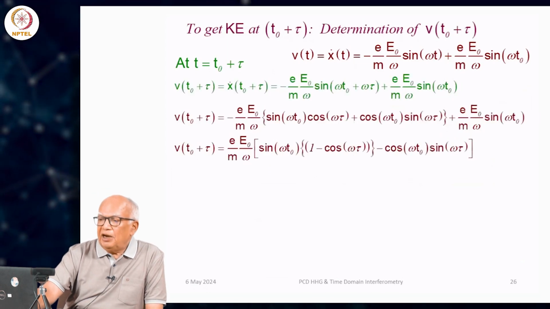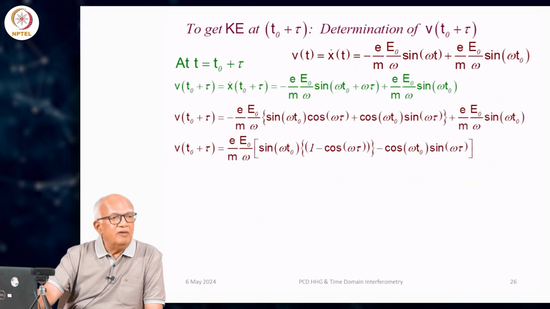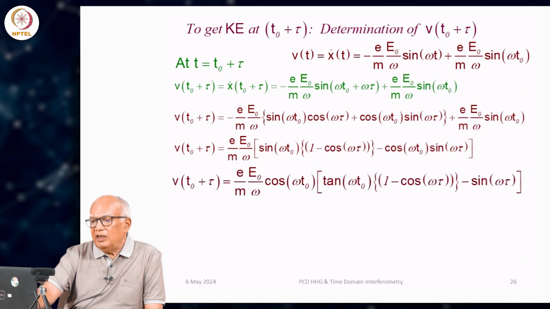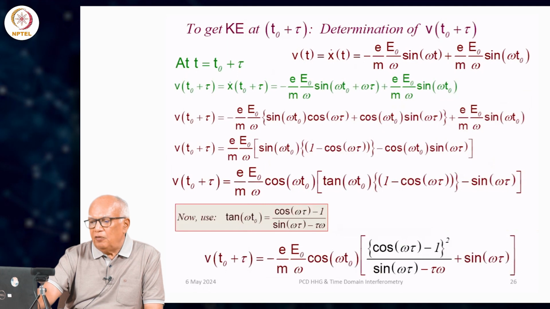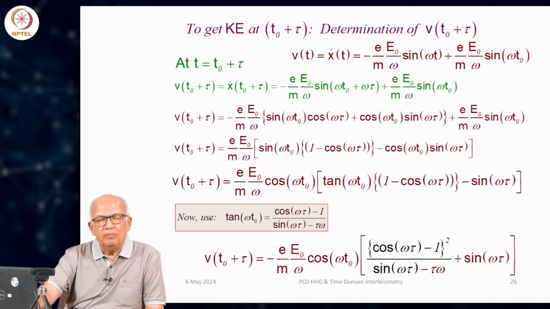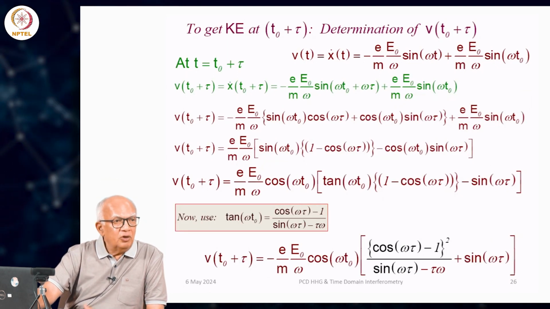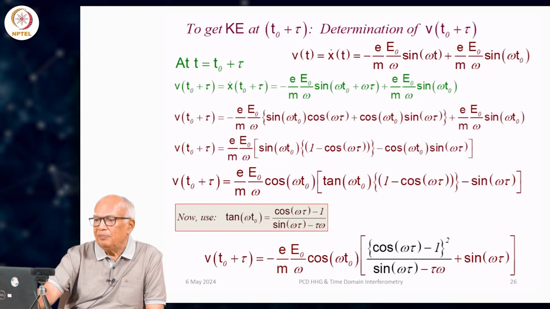So, in the general expression for v at arbitrary time t, you put t equal to t0 plus tau, simplify, use the relation that we got on the previous slide for tangent of omega t0, and it simplifies this to what you see at the bottom of the slide. It is a very simple substitution. So, I will not spend any time discussing it; you can work it out very easily for yourself.